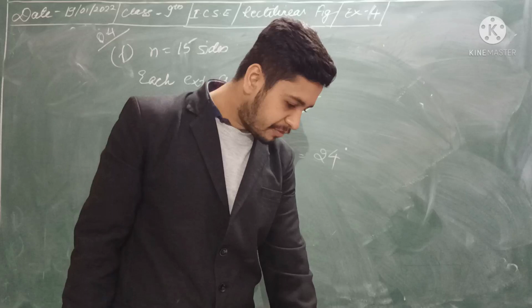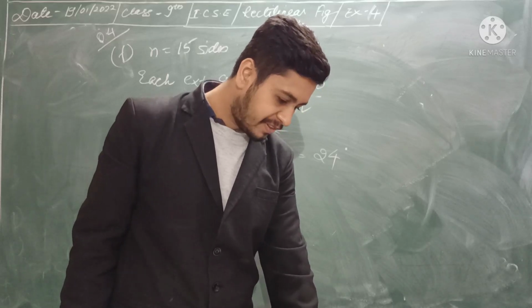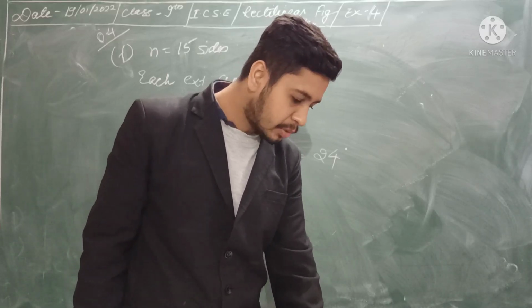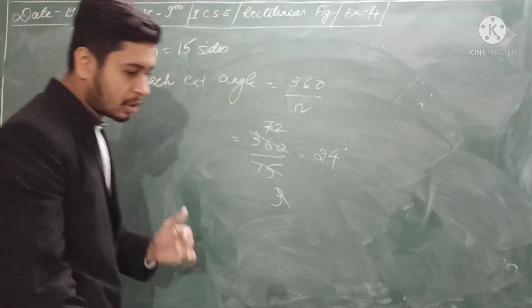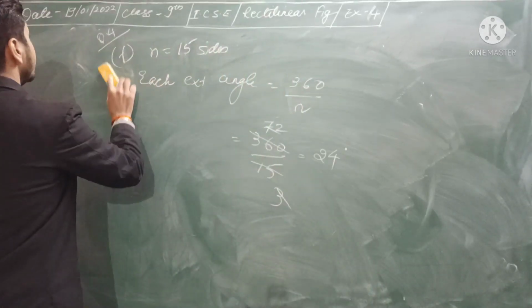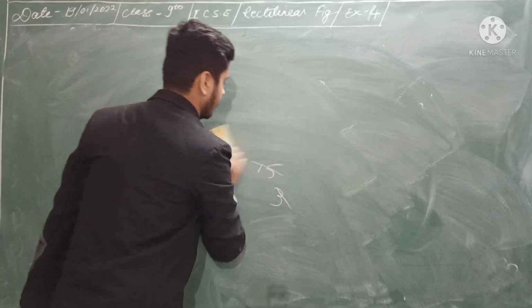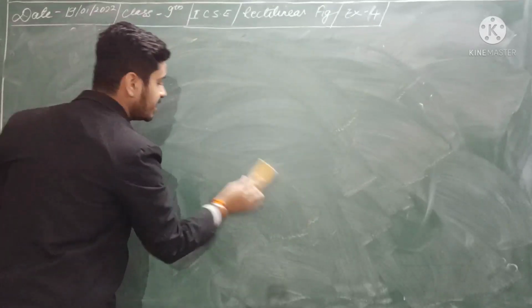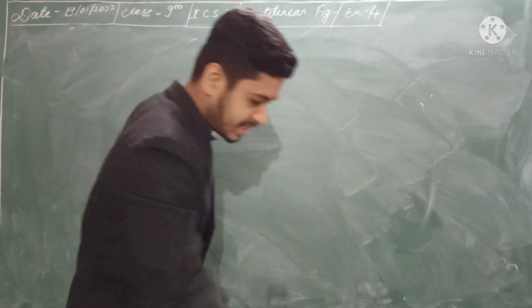Then, the number of sides of a regular polygon if its each exterior angle is given. Now you have to go in the reverse order. The reverse order means now you are given each exterior angle and you have to find the number of sides.